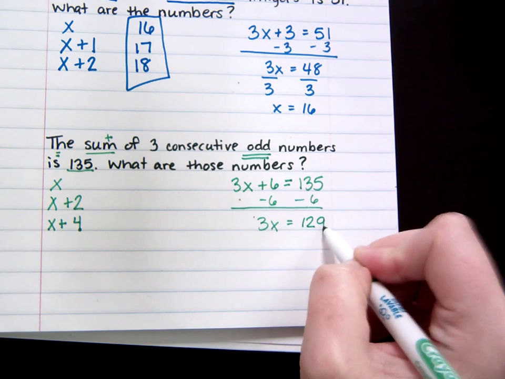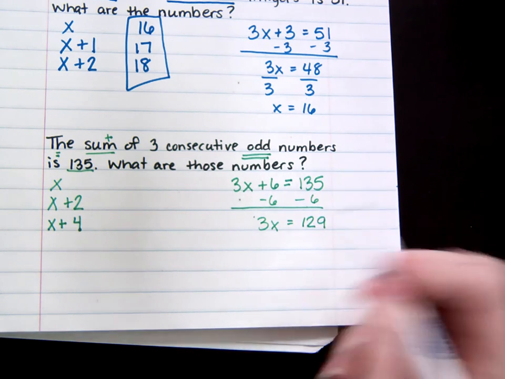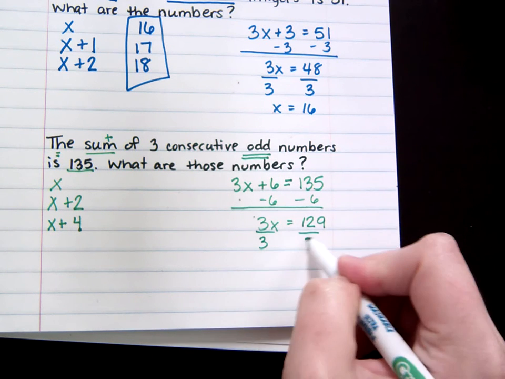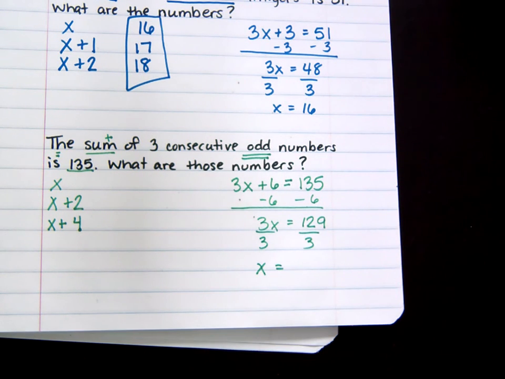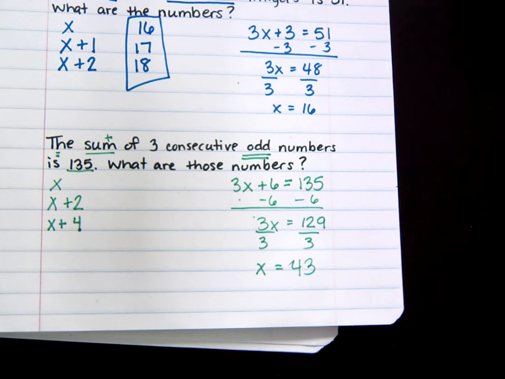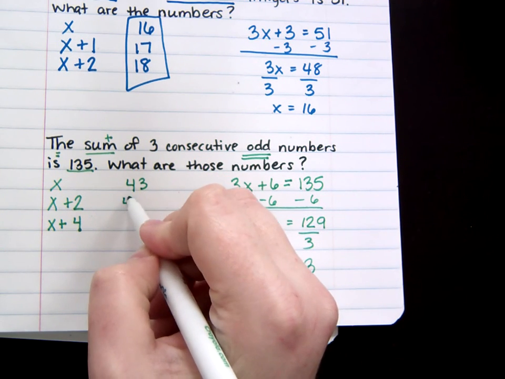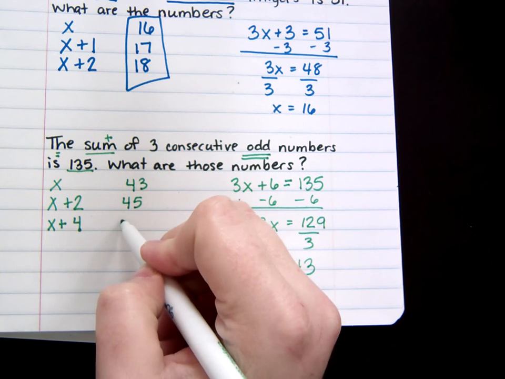And we get 135 minus 6 is 129. Then you divide both sides by 3. And you get x is equal to 43. So 43 is my first integer. Add 2 to get 45. And then 47.